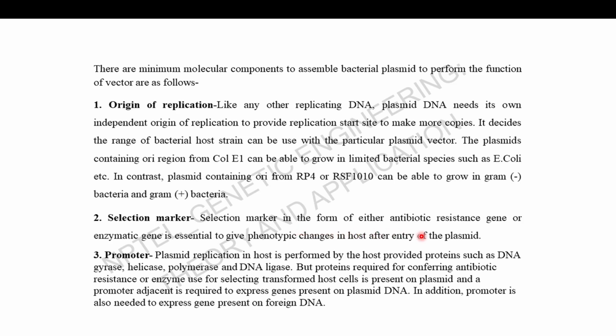Many plasmid vectors harbor an antibiotic resistance gene, so when these bacterial cells are cultured in medium containing certain antibiotics, only those bacterial cells which were able to take up the antibiotic resistance gene will be able to counter the effect of the antibiotics and grow nicely in that medium, right?